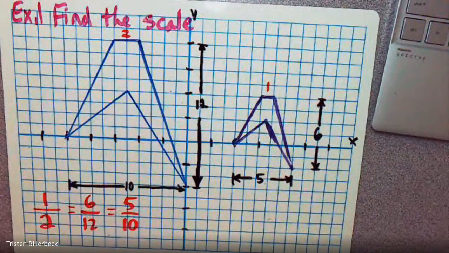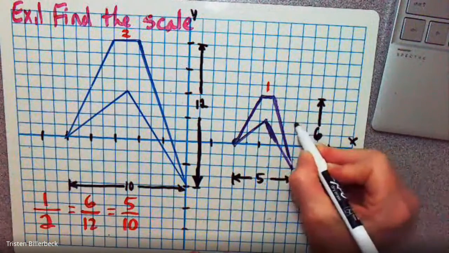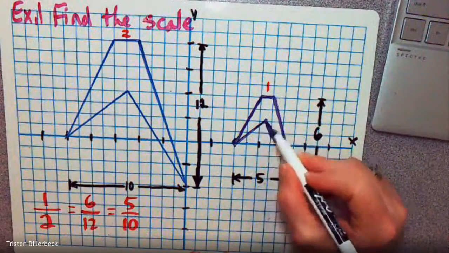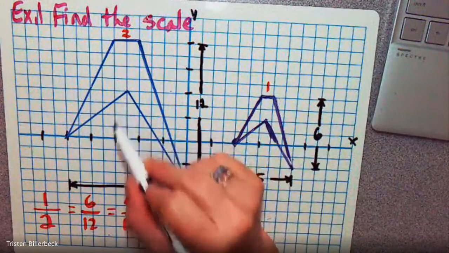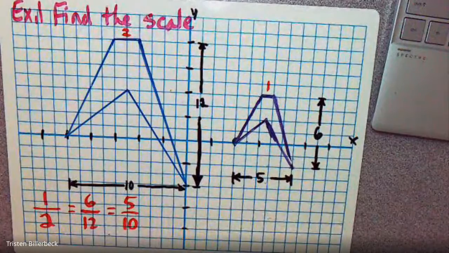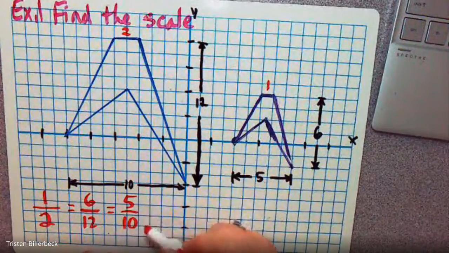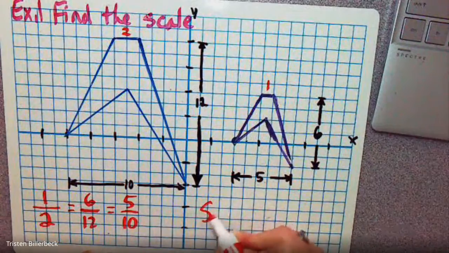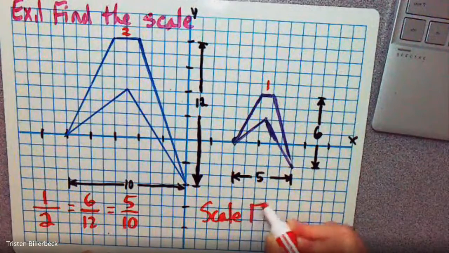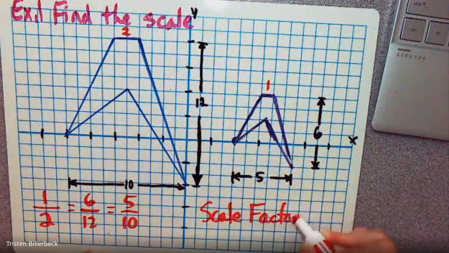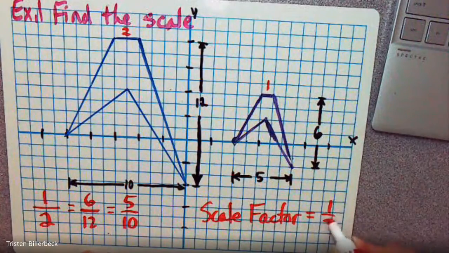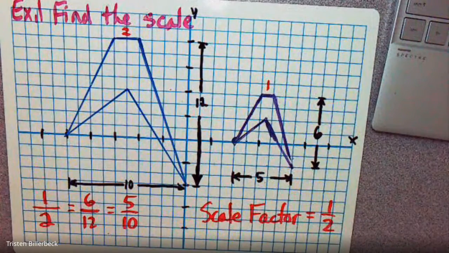One last thing we should probably check is where this point is. That point is 2 above this line, and it's 4 above that line, and that would make sense because our scale factor is 1/2. So that's how you could figure out scale factor very quickly.